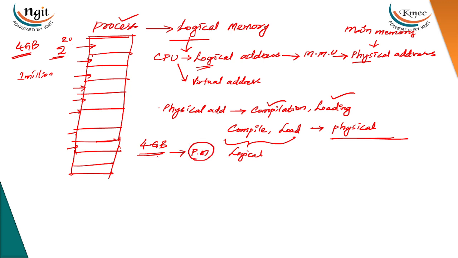So we load only a few pages into main memory, and a lot of pages are not loaded. The programmer thinks that the entire process has been loaded into main memory, but in reality we are loading only some portion of the program.